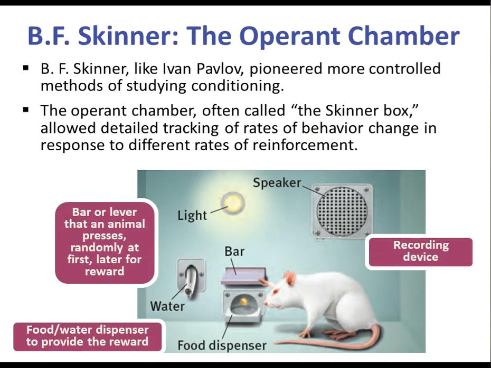We have this bar, or lever, that the animal presses randomly at first, but later for a reward. So they press the bar, and then they will either get food or water dispensed to them as a reward for their behavior. These actions and their reinforcements would be recorded, so they would be able to analyze the results and see what types of rewards or reinforcers would make the behavior more reliable, more consistent, or more powerful.